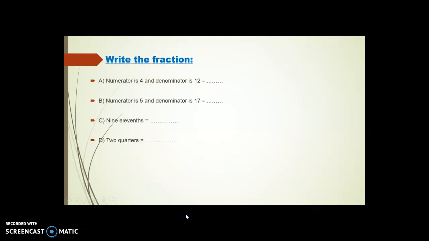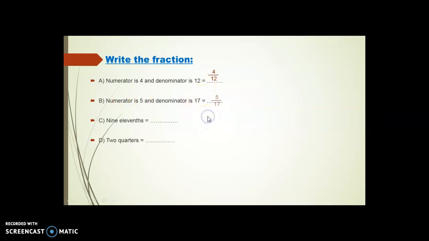Write the fraction. We set the numerator on top and the denominator down. I want to write a fraction whose numerator is 4 and whose denominator is 12. So it will be 4/12. I want to write a fraction whose numerator is 5 and whose denominator is 17.